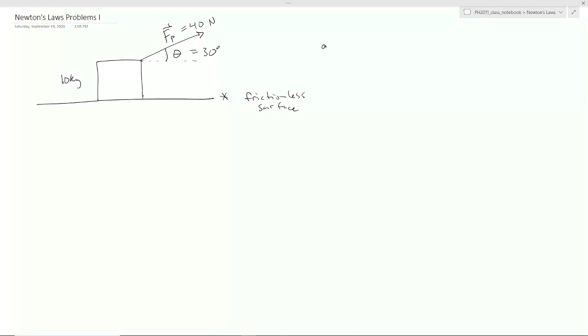And the questions that we're interested in answering are, we want to find the acceleration of the block, and we want to find the normal force.